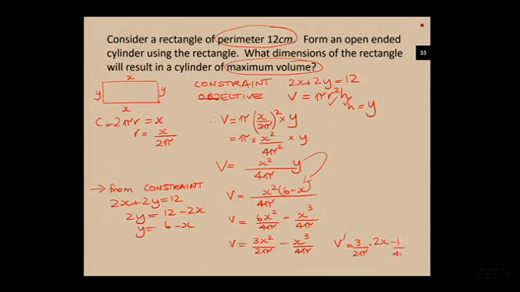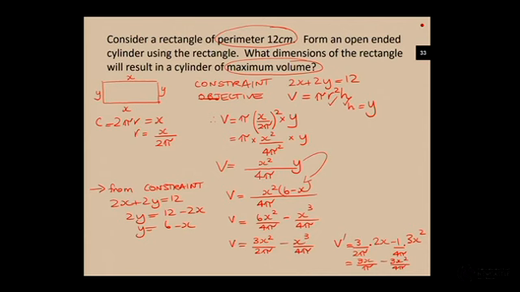I will first put the constant 1 over 4 pi, and the derivative of x cubed is 3x squared. So I'm getting 3x on pi minus 3x squared on 4 pi.